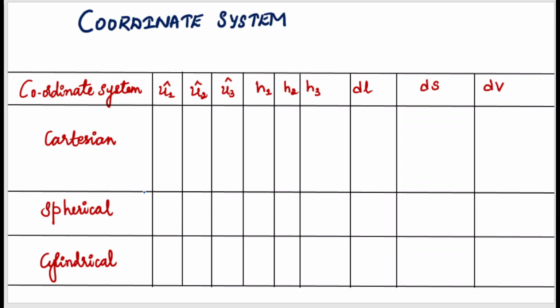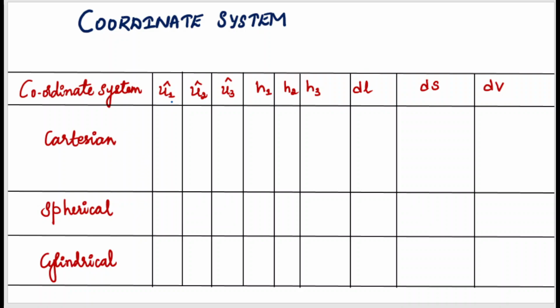In today's video, I'm going to write the same gradient, curl, and divergence in terms of the Cartesian, spherical, and cylindrical coordinate systems generally. Using this formula, we can solve any problem. Any problem in the sense that if the problem is given in terms of spherical coordinates, we can solve it. If the problem is given in terms of cylindrical coordinates, we can solve it. So let us start with today's video.